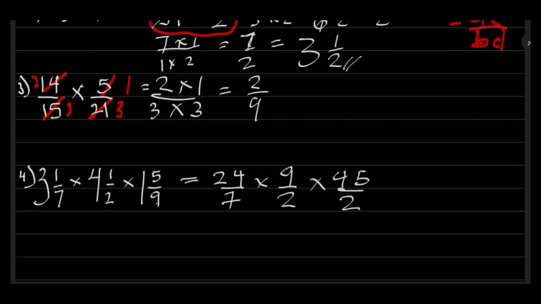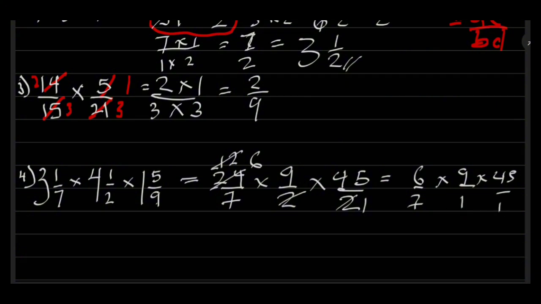Now let's see if we can cancel out. Maybe we can, maybe we can't. For sure, 2 can cancel out 24 to give us 12. So we have 1 here. 2 again can cancel 12 to give us 6. So we have 6 over 7 times 9 times 45.